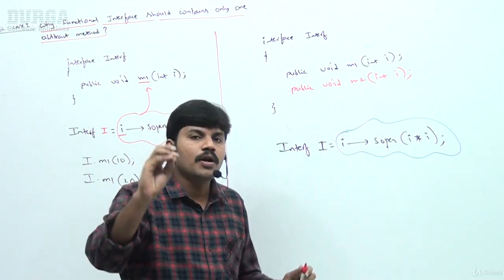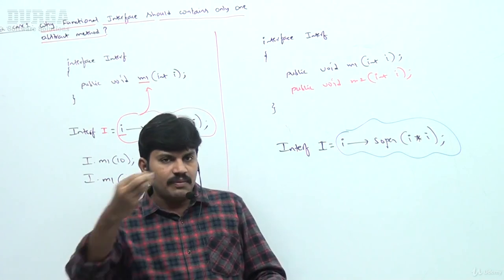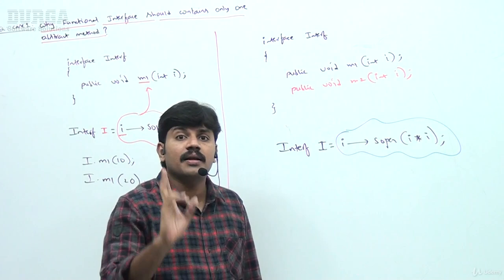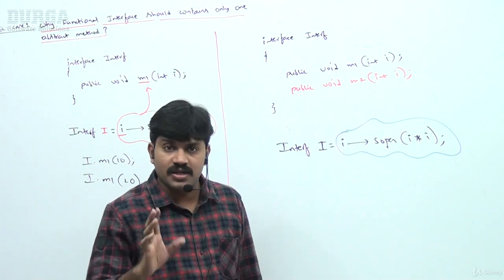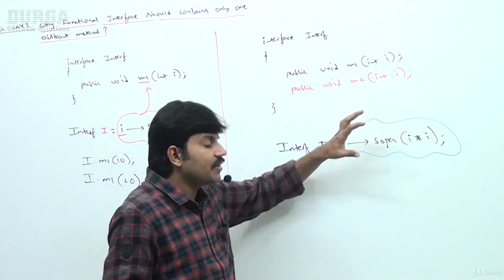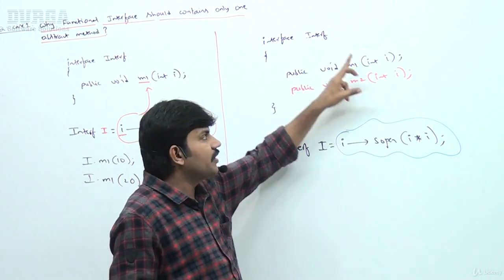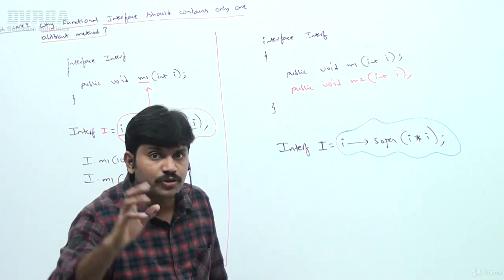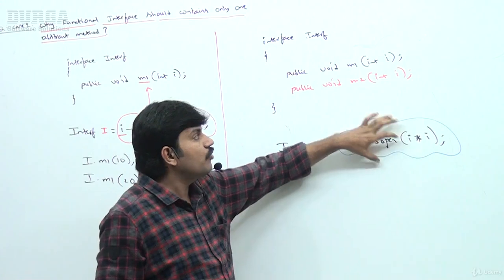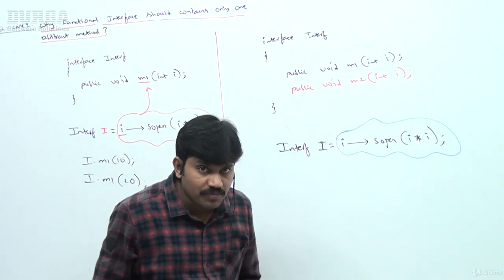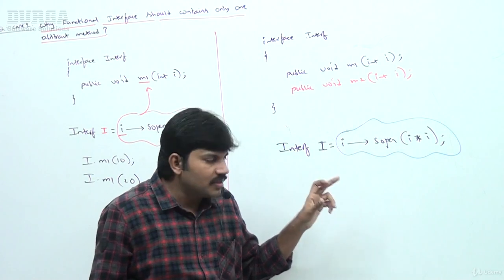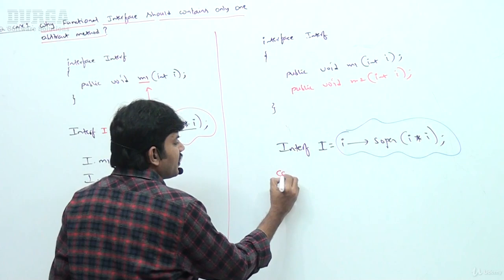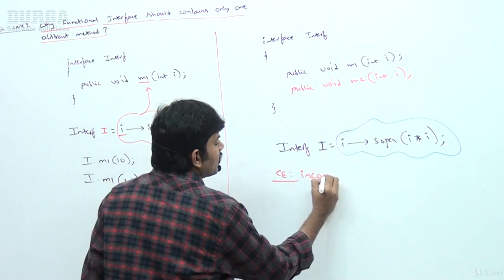So if you want to use a functional interface to invoke a lambda expression, that interface must contain exactly one abstract method. Then only can the compiler map the lambda expression to the interface method. If the interface contains multiple abstract methods, the compiler is not in a position to map the lambda expression to the corresponding method. Immediately the compiler will say incompatible types.